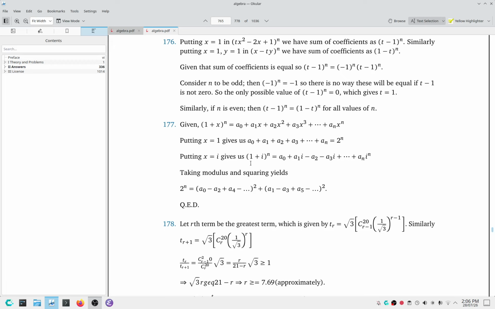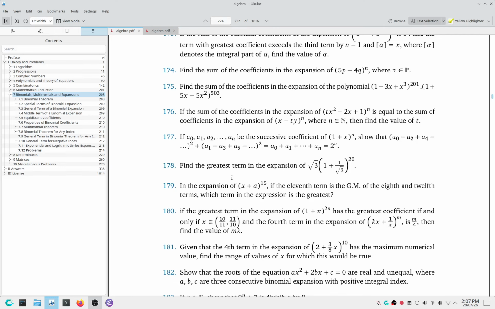We put x equal to i, we get (1 + i)^n is equal to a0 plus a1 i minus a2 minus a3 i and so on up to an i^n. We take modulus and then square. We get 2^n is equal to (a0 - a2 + a4 - and so on) squared plus (a1 - a3 + a5 - and so on) whole square, and hence we have proven this.